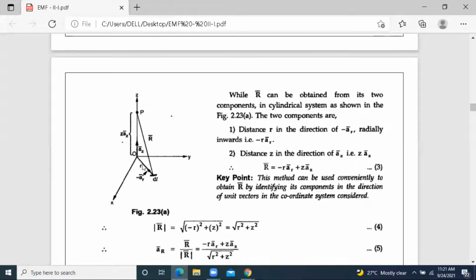So in order to get to P, you have to go in the minus a_r direction and then in the positive Z direction. So your R is minus r a_r plus z a_z.